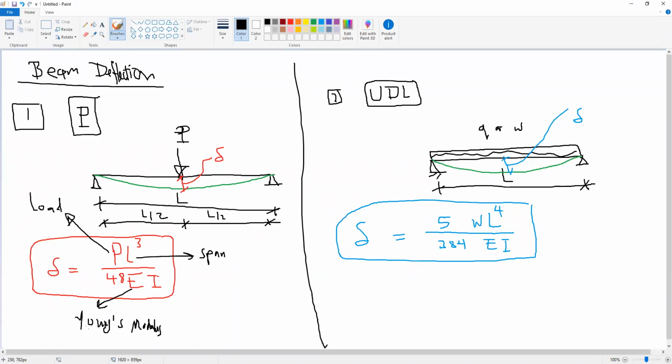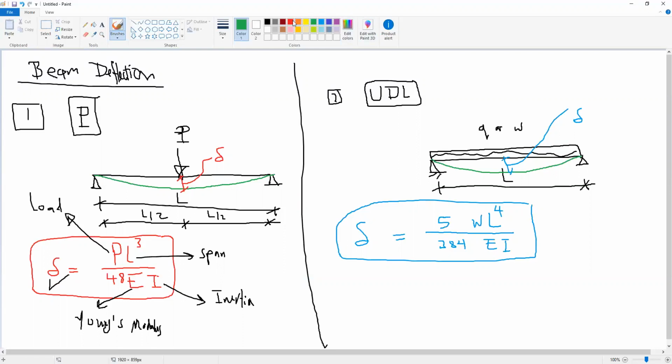So E is the Young's modulus of the material. I is the moment of inertia of the cross section of the beam. If we know all these parameters, we can calculate the deflection delta.